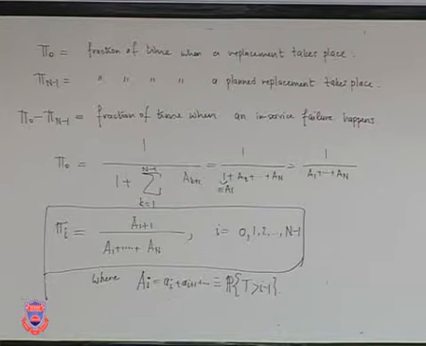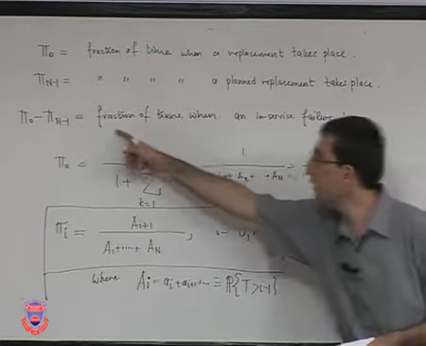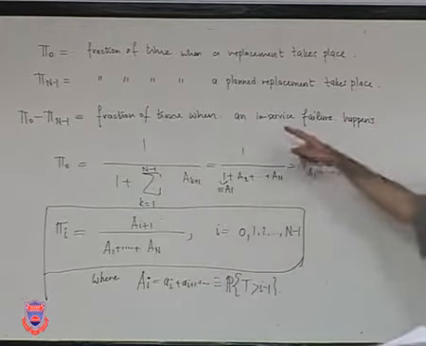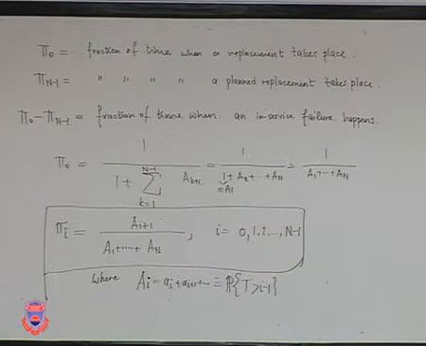Then we can just plug these numbers here to find the fraction of time when an undesirable in-service failure happens.